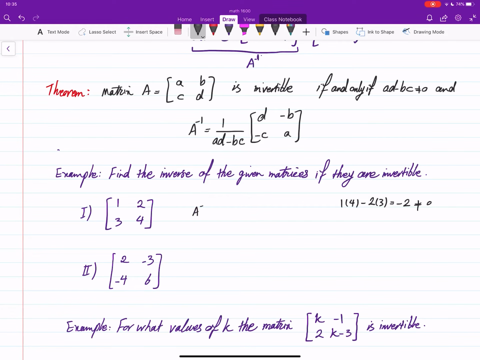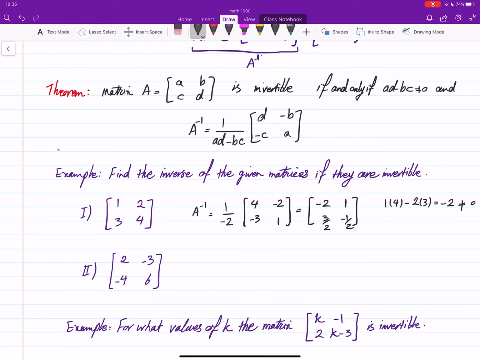In this case, the inverse is going to be 1 over -2 times the matrix where we interchange the entries on the main diagonal and multiply the off-diagonal entries by a negative sign. So the inverse is basically negative half of that.